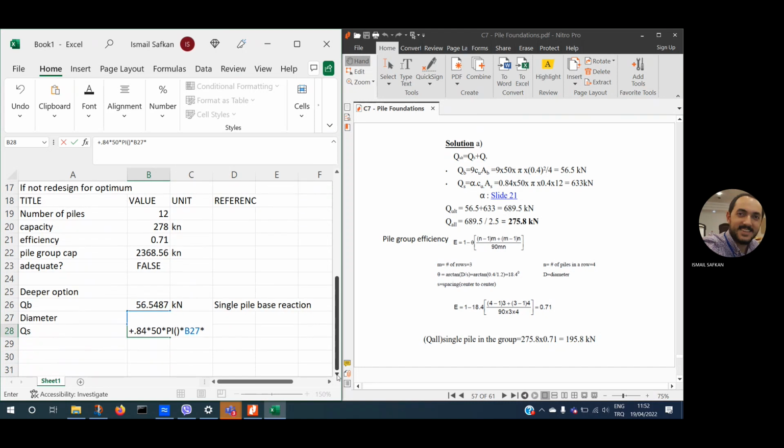Well, I'm going to change the length. That's why I will put L here. For the time being, it was 12. And I calculated that as well. Is it okay so far? Single pile shaft resistance.